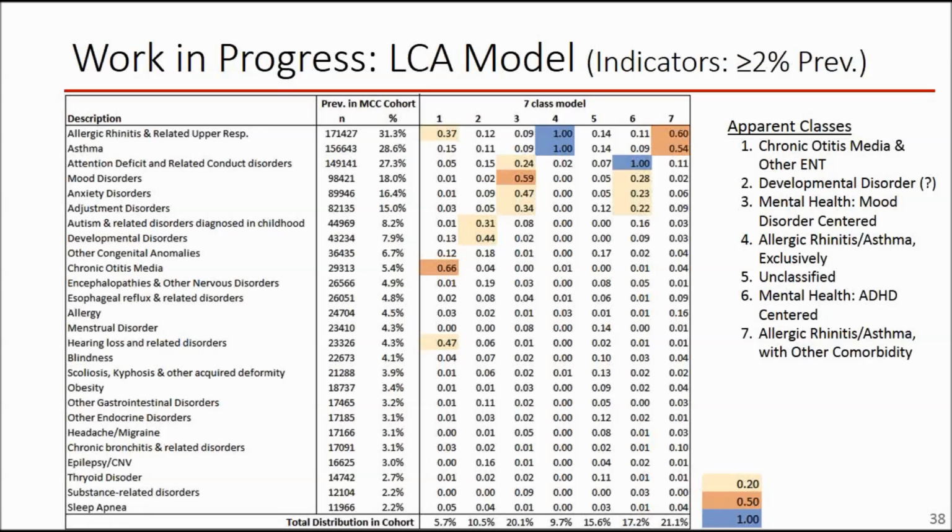In the orange is if a person in that class had a probability of having that indicator 50% or greater. And if everybody in that class had an indicator, if it's 100% probability, that's in the dark blue. Generally, when interpreting these models, you characterize the model based on indicators of 0.5 or higher.